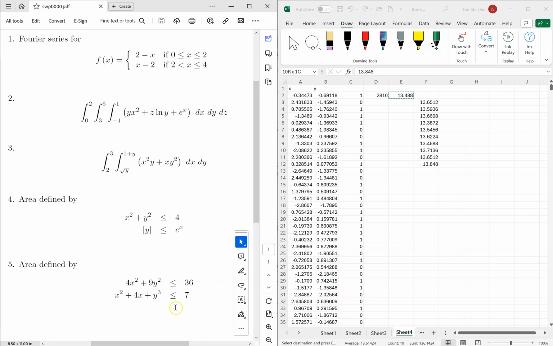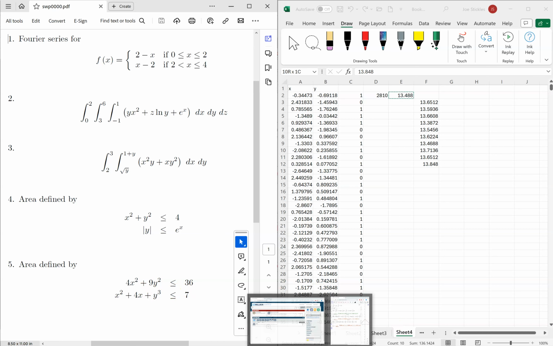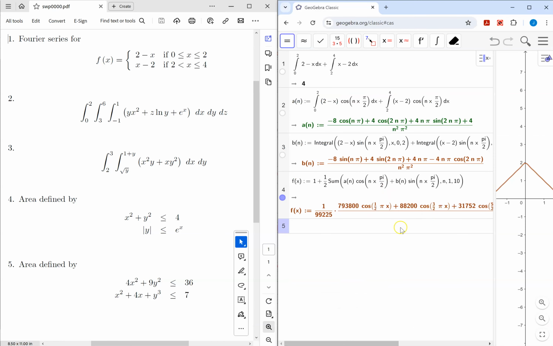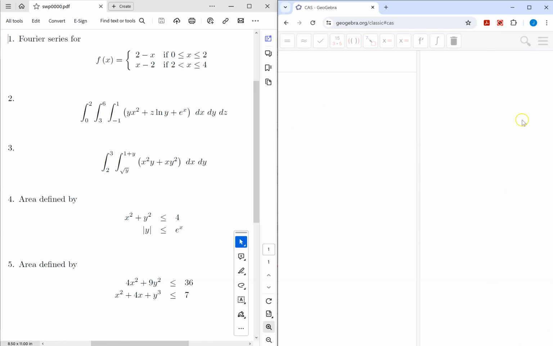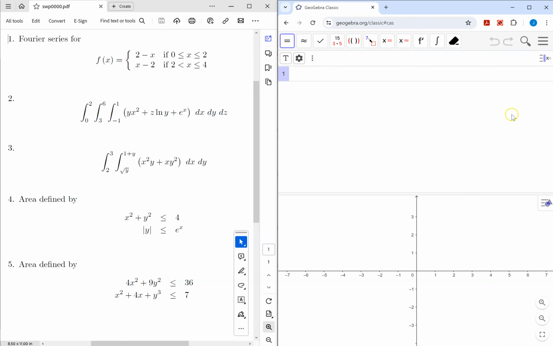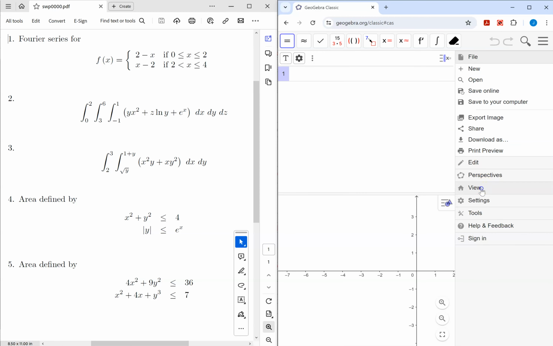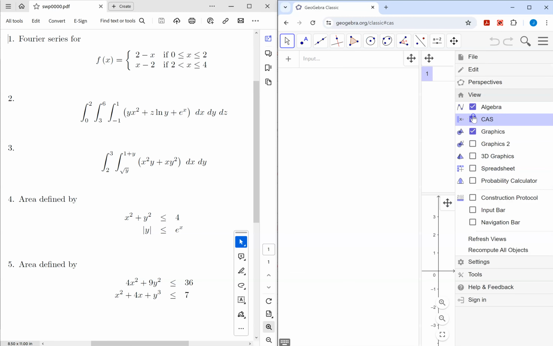Let me go show you what this region actually looks like over in GeoGebra. So if we graph, let me just reload, and we'll switch over to an algebra window and turn off the CAS.